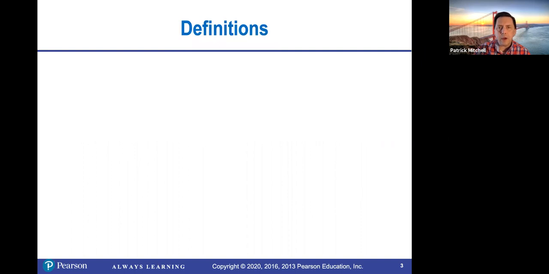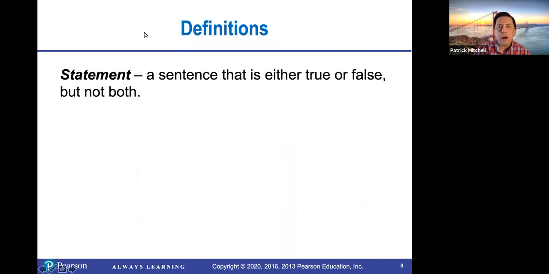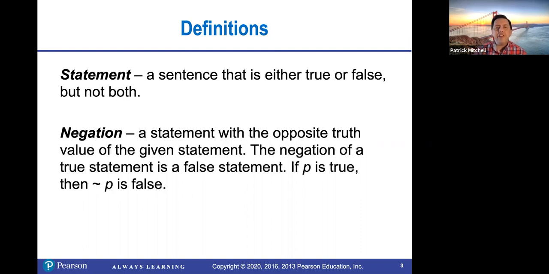So let's start with a few definitions. First of all, when we talk about statements, we're talking about a sentence that is either true or false, but not both. And then the negation of a statement is a statement that has the opposite truth value of the given statement. The negation of a true statement is a false statement.